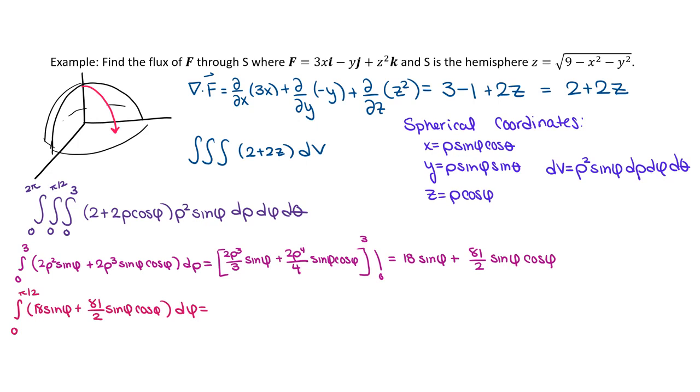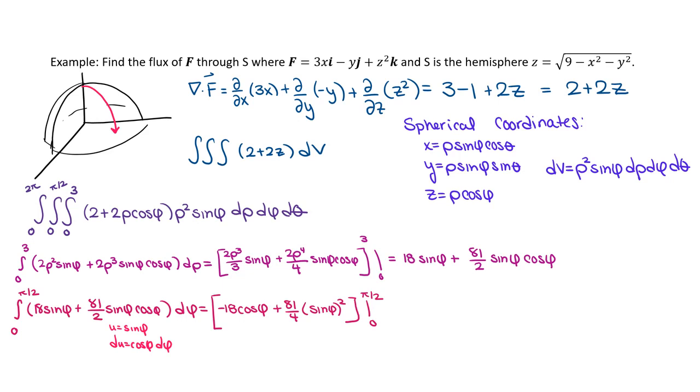So next integral, we're going to integrate that result with respect to phi. So I got negative 18 cosine phi. And then for that sine phi cosine phi, technically I'm doing a u-sub there, letting u equal sine phi, du is cosine phi d phi. So you integrate, you get a u squared over 2.